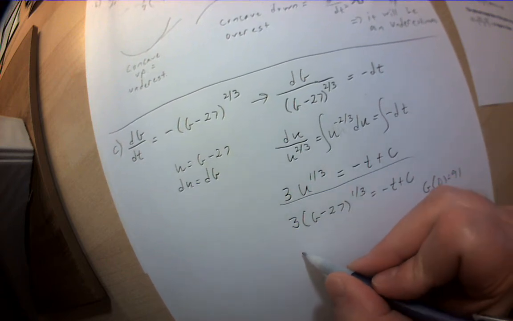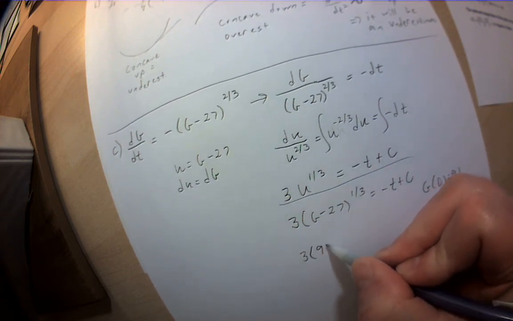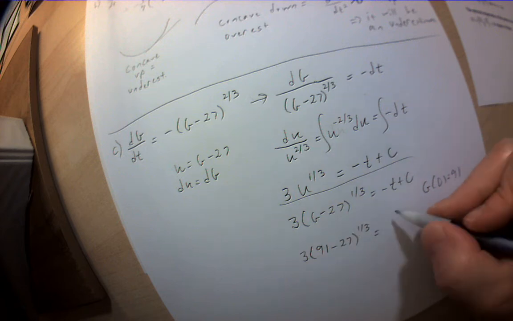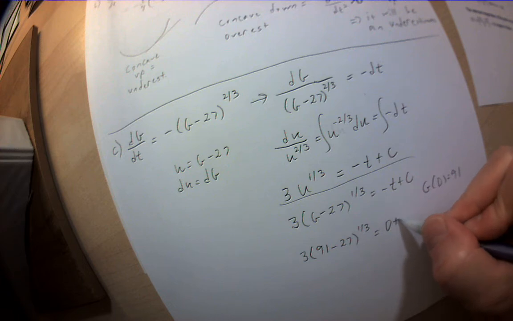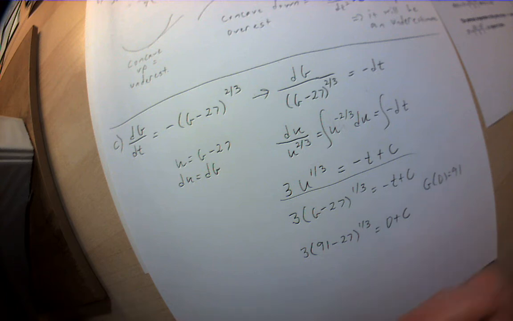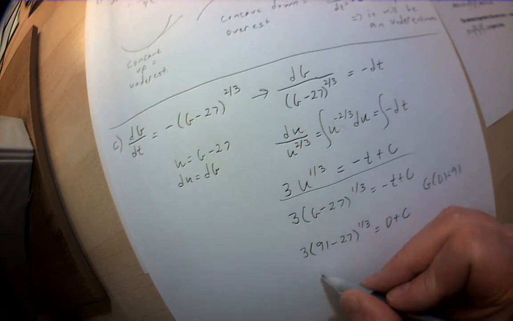So I can plug in 3 times (91 minus 27) to the 1/3 equals 0 plus c. 91 minus 27. I know you guys won't have a calculator, so you could quickly do that. It's 64. You should recognize that 64 to the 1/3 power is 4.